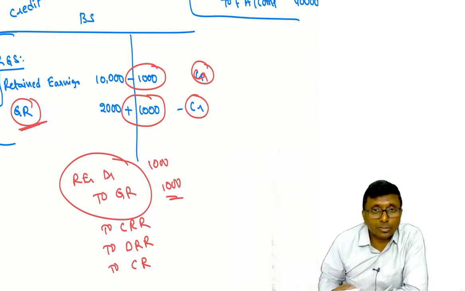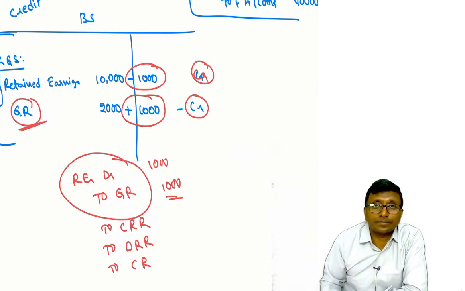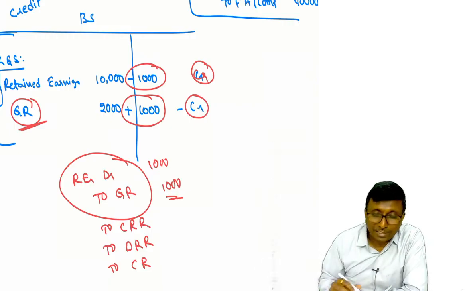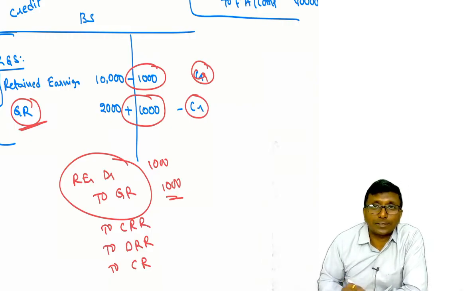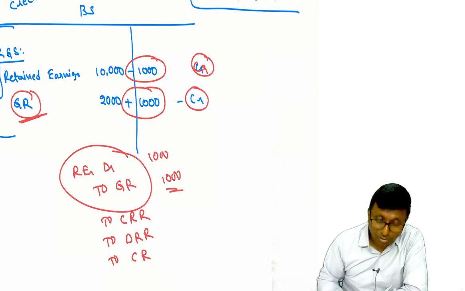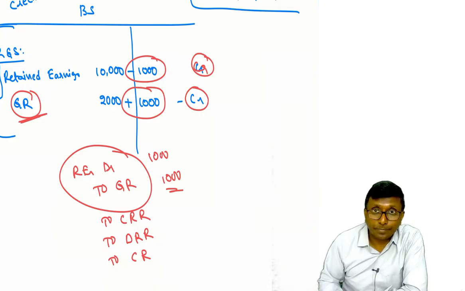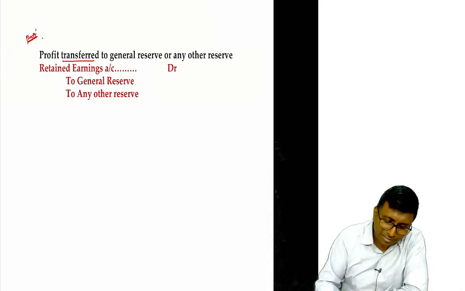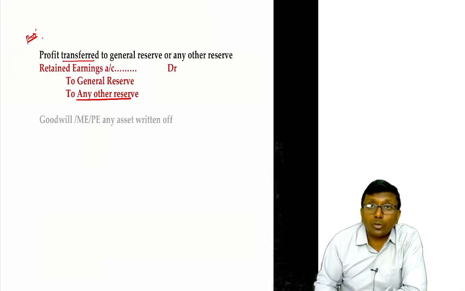From retained earnings only, all the transfers will take place, unless he says some other word. Otherwise it always happens through this. If he gives a new name, write that new name only. Clear? Right. So retained earnings to general reserve, or any other reserve, whichever name they give, that name only you write.